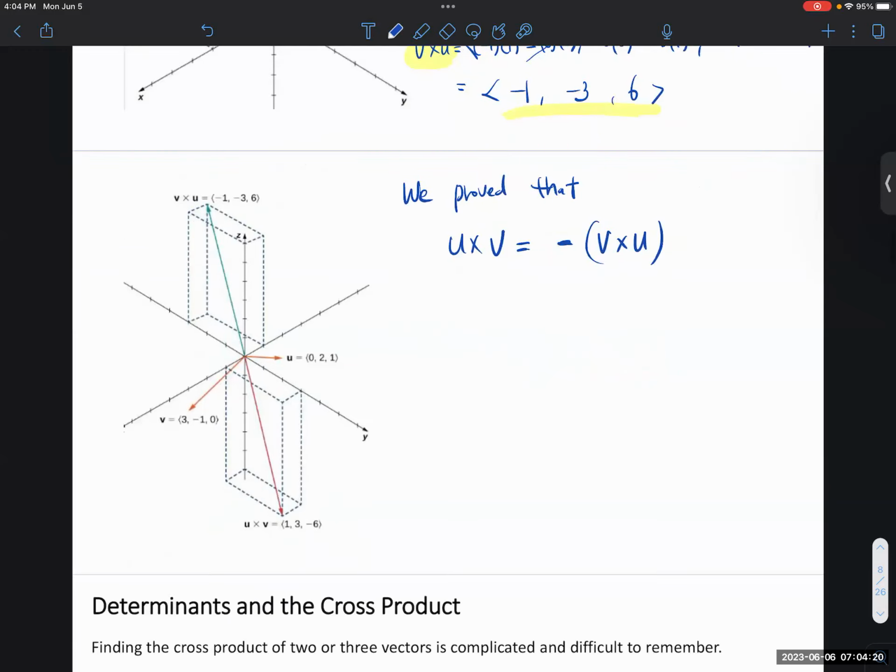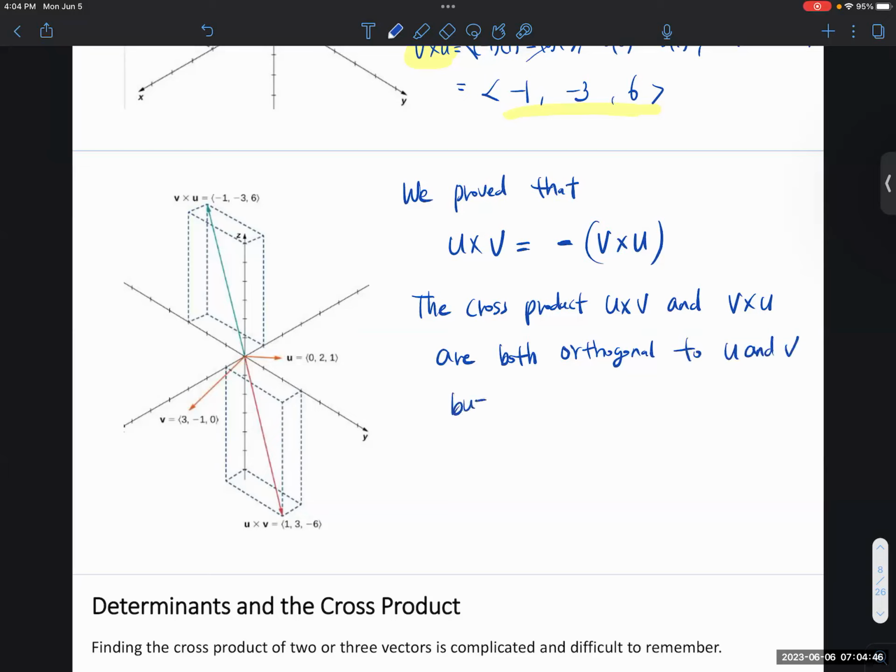This means that the cross products U times V and V times U are both orthogonal to U and V, but in opposite directions. So this is a property you just found out.